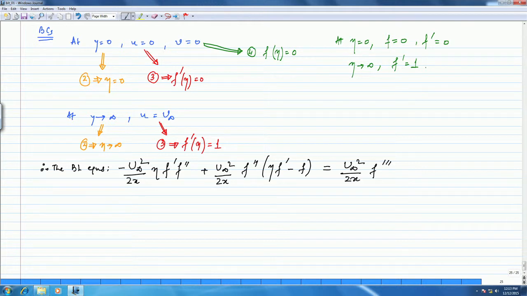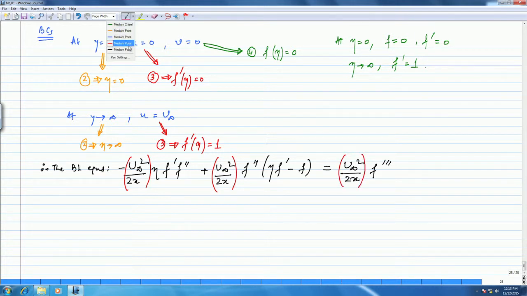If you see this, you can get rid of u infinity squared by 2x throughout, so this bit can be cancelled out.